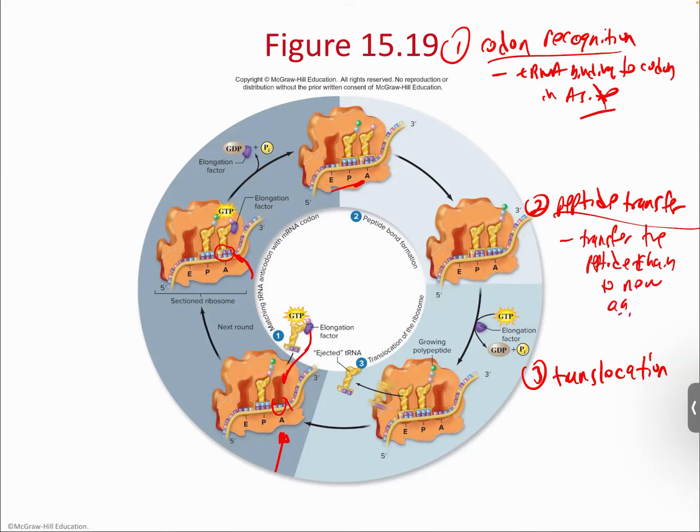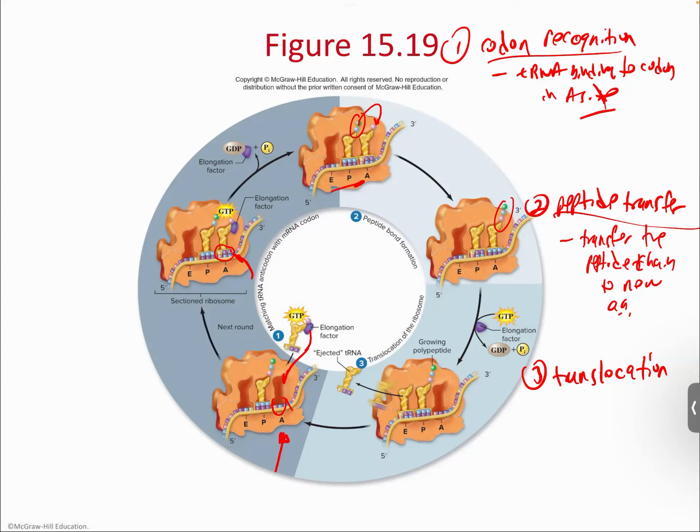That's where you get your peptide transfer. Notice you have your growing chain here, which is 2 at this point. You're going to take that chain and add it to the new amino acid. So at the end of peptide transfer, you now have a peptide of 3 amino acids, because you added the first 2 to the new one. That gives you 3.